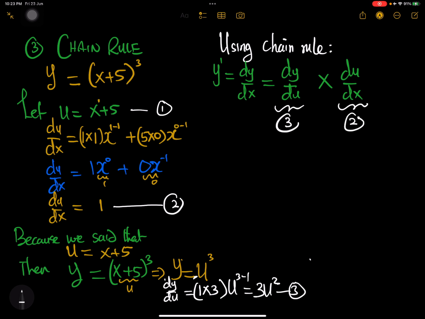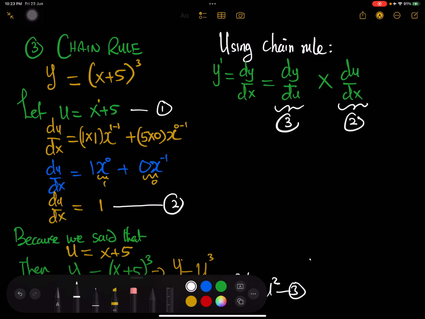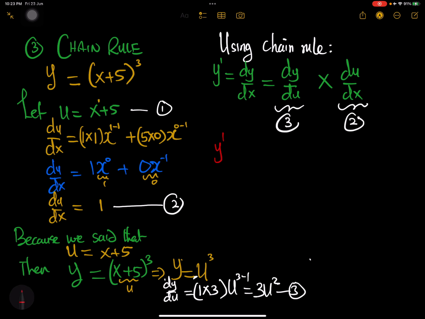Can you see that? I hope you do. Now, it eventually means that our y prime, which is equal to dy dx, is going to give us dy du, which is equation 3, which is 3u squared, multiplied by du dx, which is equation 2. And that gives us 3u squared.